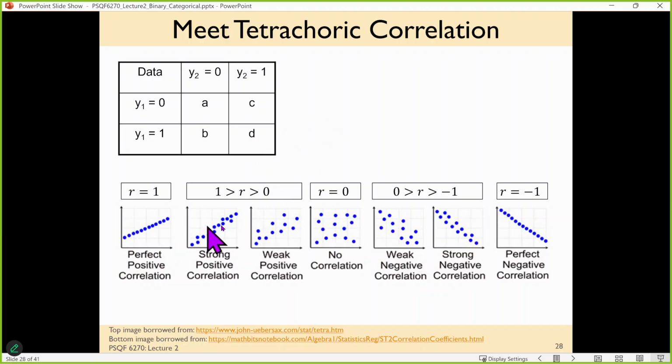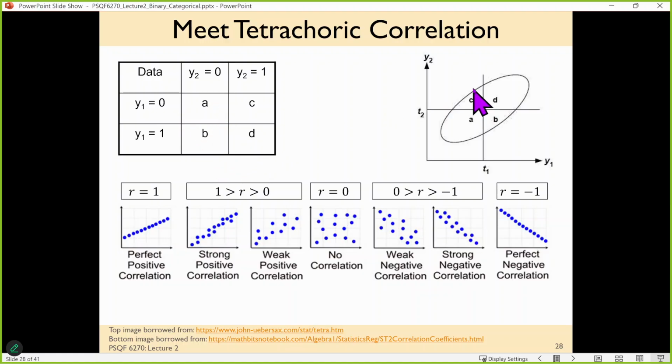Now, if you think about what that would look like in terms of the correlations down here, a perfect positive relationship would mean that everybody is in cell A or D. Right? If I got a 0 on one, I get a 0 on the other. If I got a 1 on one, I get a 1 on the other. A perfect negative correlation means everybody would be in C and B. And a 0 correlation would mean that it's split evenly across the 4.